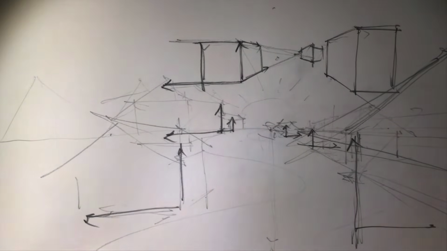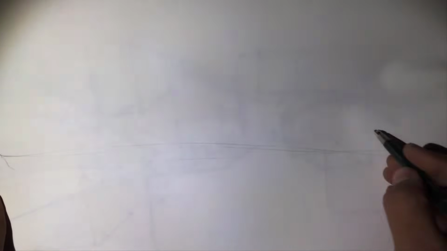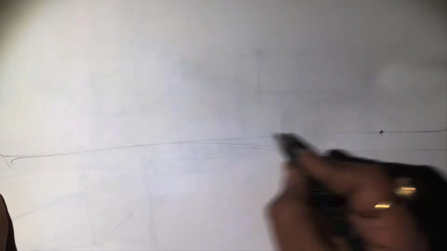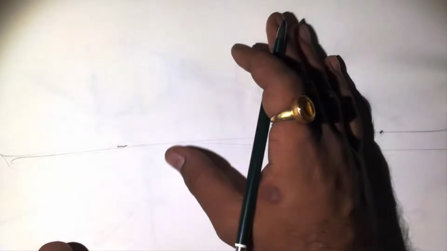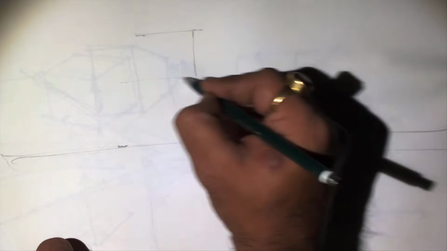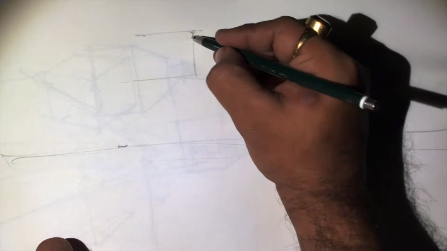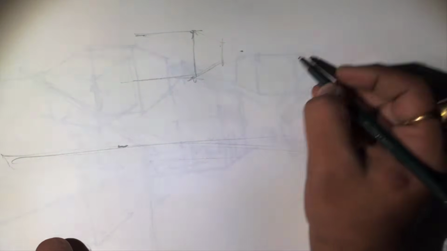But as I told you, our eyes never work like that. When we look towards the horizon, there are actually 2 points. When we were talking about the box in 1 point perspective, this axis was moving towards a certain point.